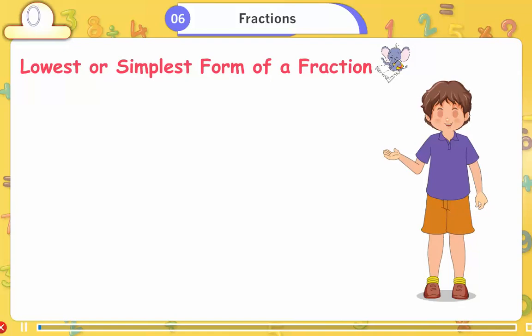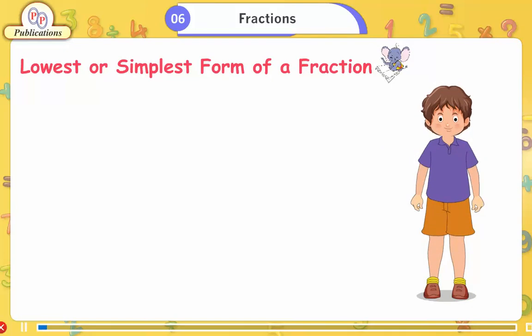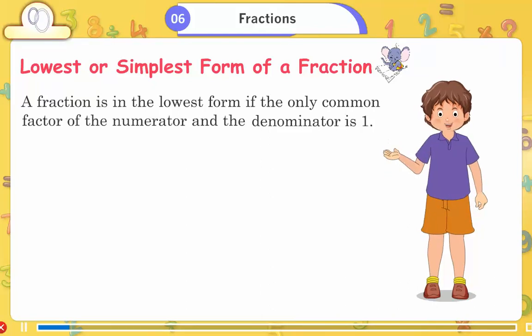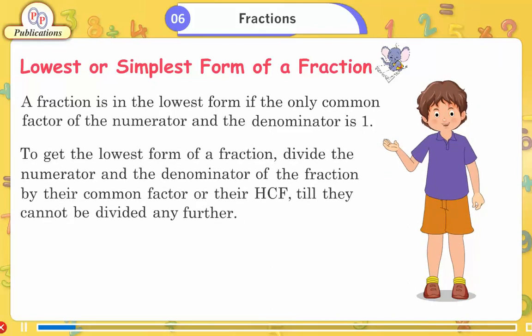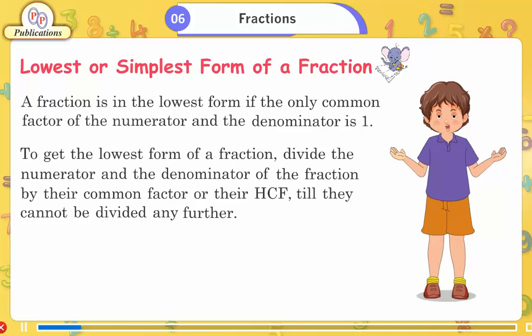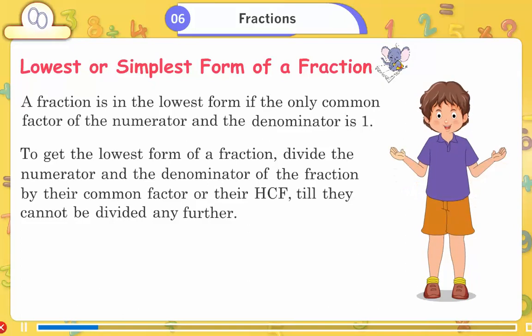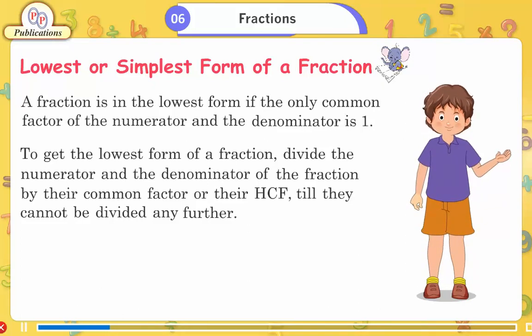Lowest or simplest form of a fraction. A fraction is in the lowest form if the only common factor of the numerator and the denominator is 1. To get the lowest form of a fraction, divide the numerator and the denominator of the fraction by their common factor or HCF till they cannot be divided any further.